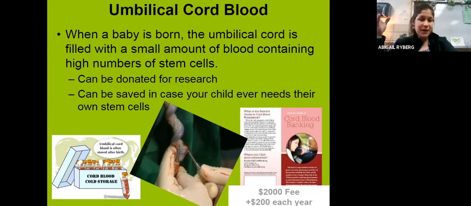You pay a monthly fee, and they're frozen in time for future therapy for your children. So if you save the stem cells, at any point in time they're available for stem cell therapy.